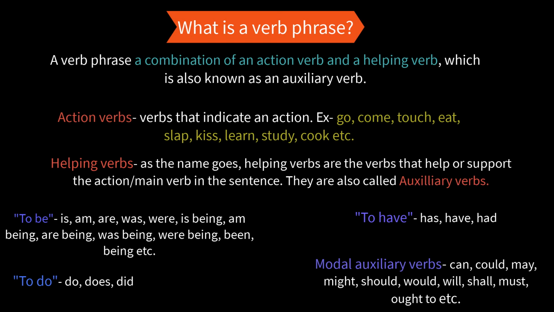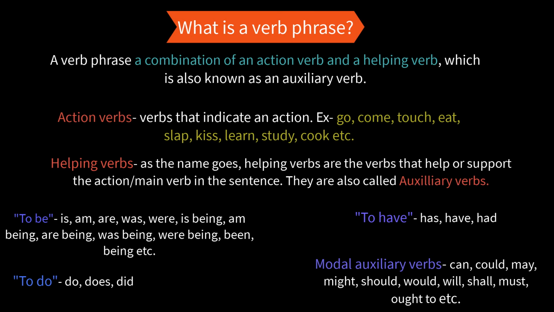To be form includes is, am, are, was, were, is being, am being, are being, were being, and all the verbs that you see on your screen. To have form includes has, have, had, and to do form includes do, does, did, and modal auxiliary verbs are can, could, may, might, should, would, will, shall, must, ought to, and all, right?